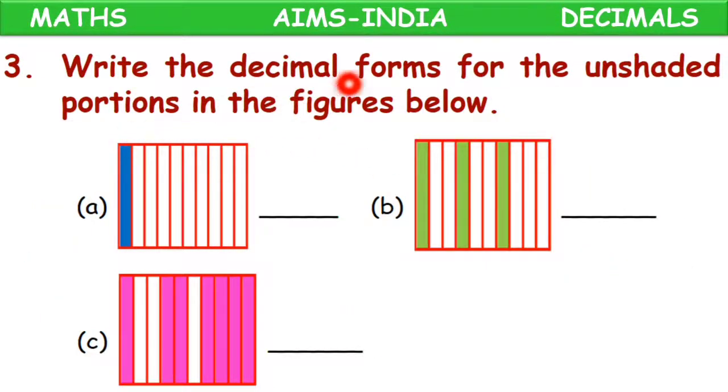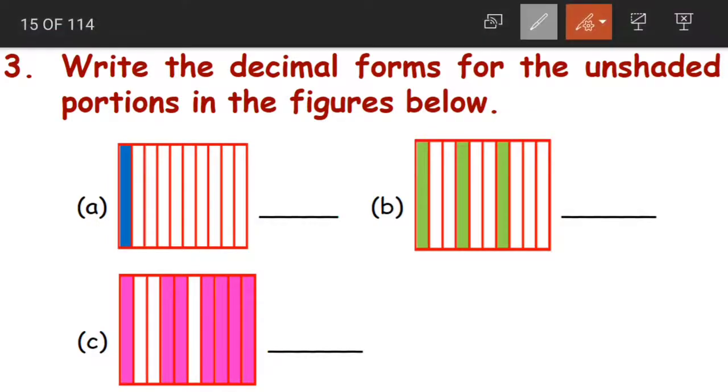Next, write the decimal forms for the unshaded portions in the figures given below. For the unshaded, in the first figure 9 are unshaded, divided by 10, the total number of parts. So 9 by 10 represents this given figure, and how will we write the decimal number? 0.9 becomes the decimal number.